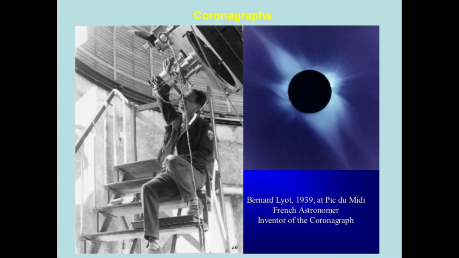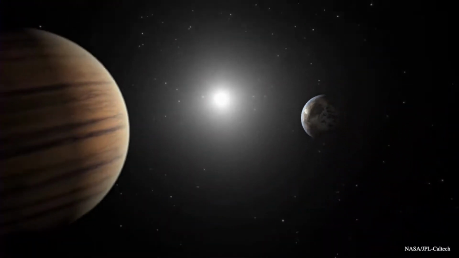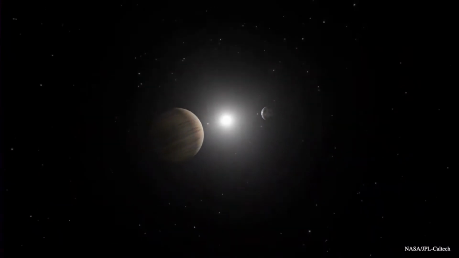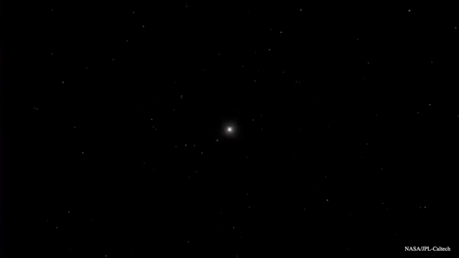So let's have a look at illustration 10. I would like to show you a video that illustrates how we solve the contrast issue with a coronagraph. I think it's a very, very nice video. You'll see here an exoplanetary system orbiting a star, and you want to observe that system with a telescope.